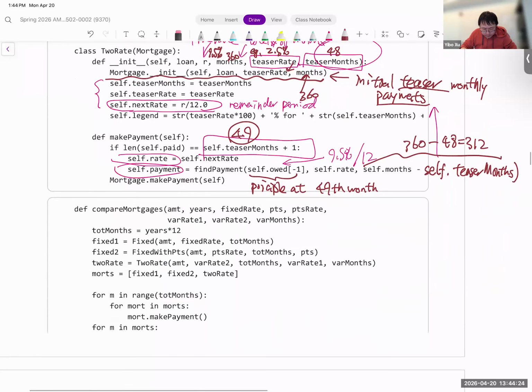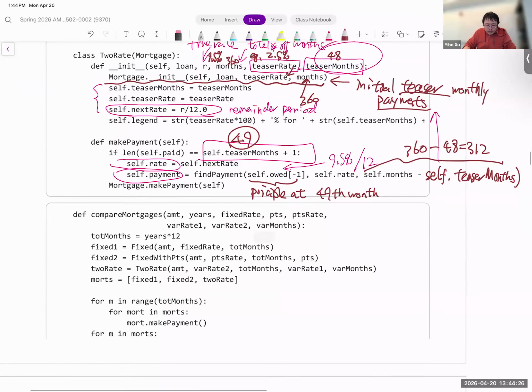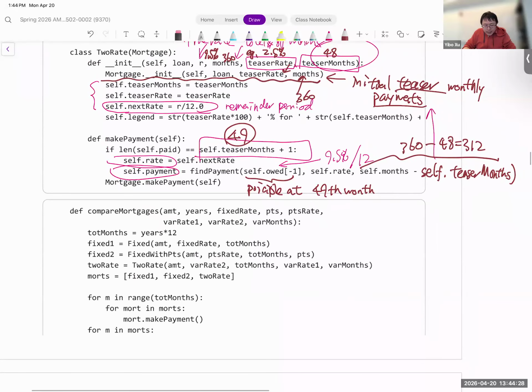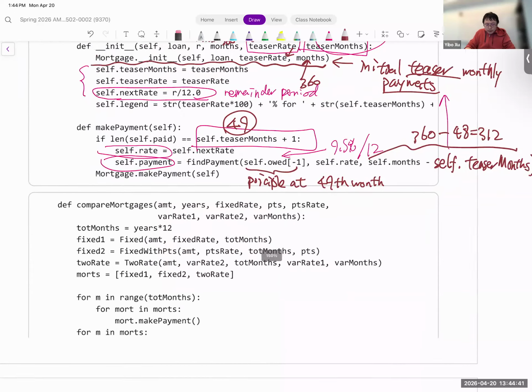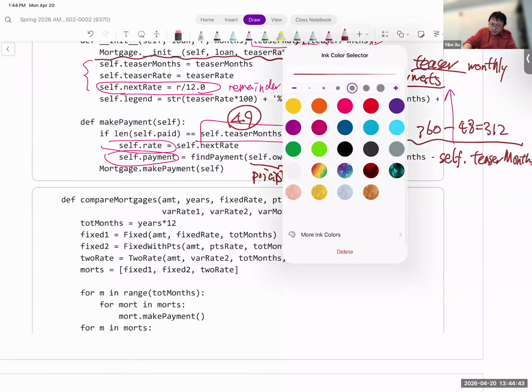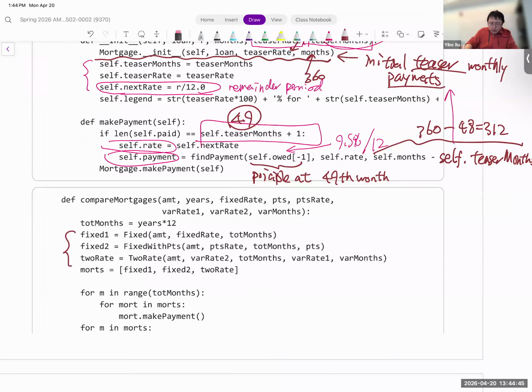So, all right. Now here they establish what's called the function compare mortgages. We have three kinds we want to compare: the fixed rate, the fixed rate with points, and the two rates, the one with the teaser.